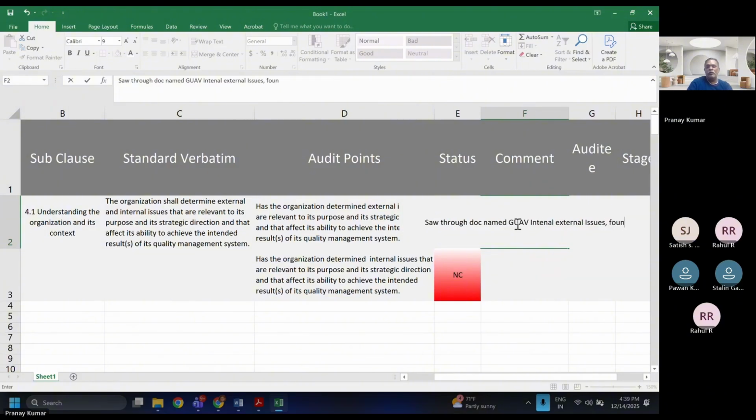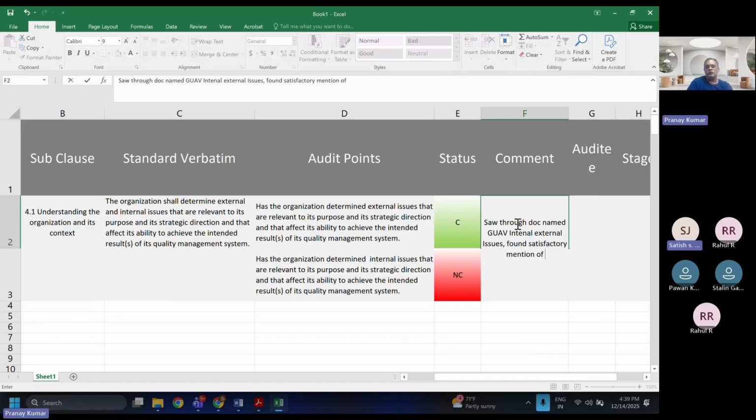Found satisfactory mention of external issues.